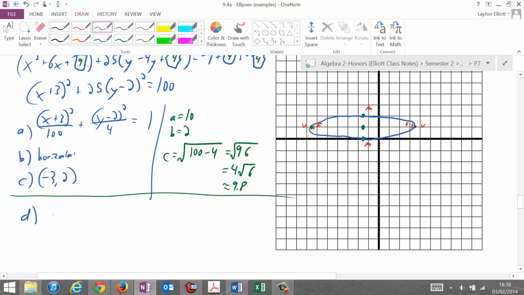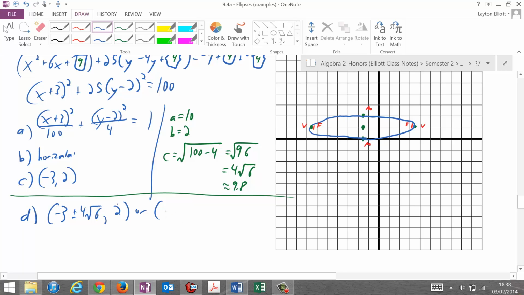So my coordinates of the foci, this is going to get a little tricky. It changes the x: negative 3 plus or minus 4 root 6, comma 0. Or not comma 0, sorry, comma 2.